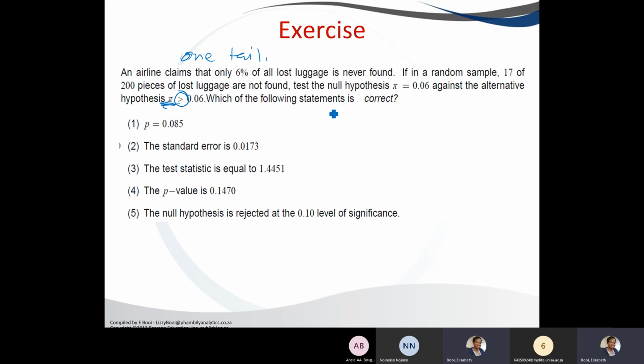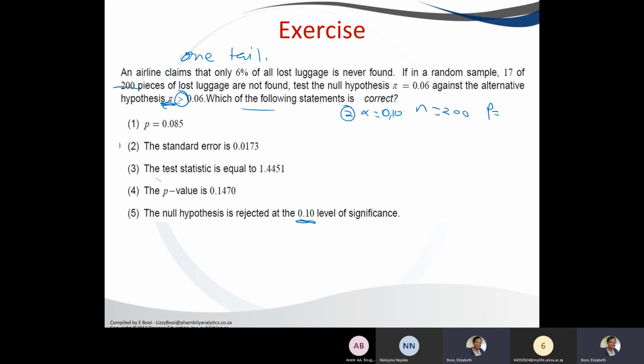So our first step, answered. Second step, state what we are given. Our alpha. I'm going to assume that our alpha is given to us, which is given in the statement here. So our alpha is 0.10. Our n is 200.